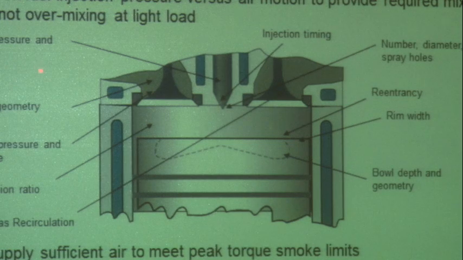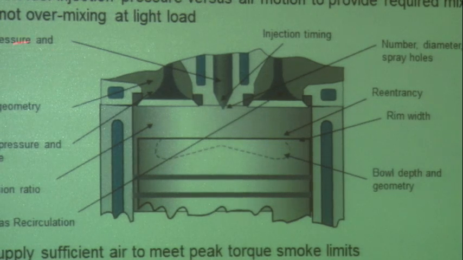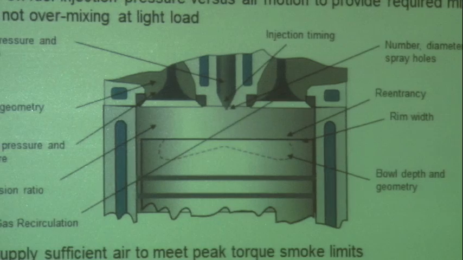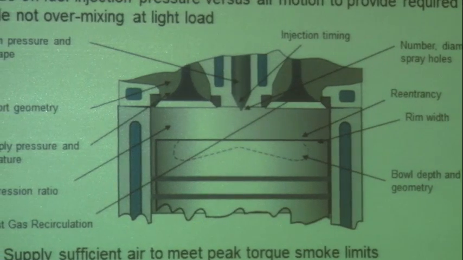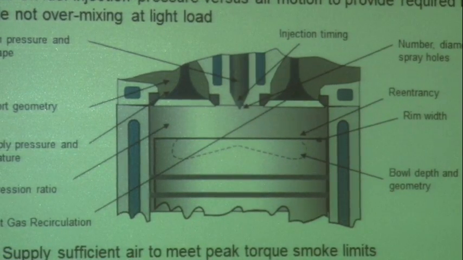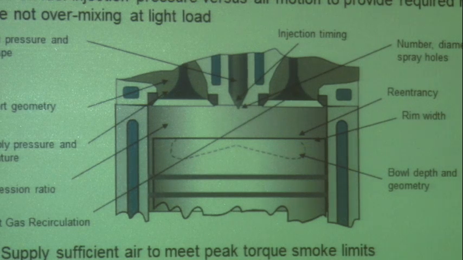You'll see the combustion process is really controlled largely by the injection pressure and the rate shape of the injection. You might have multiple injections, for instance. Those are all going to be determining factors when it comes to the performance of the engine. The injection timing, the number, diameter, the angle of the sprays, and how they are matched with the piston bowl are all important.